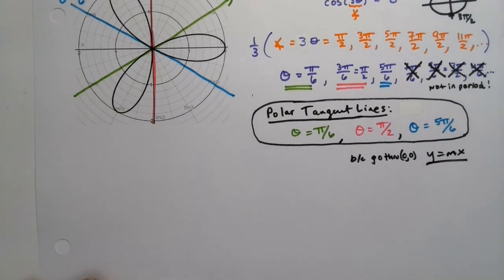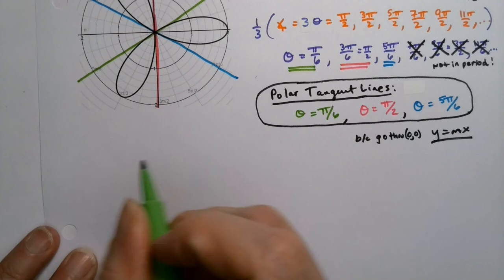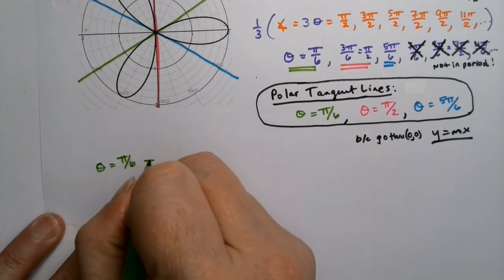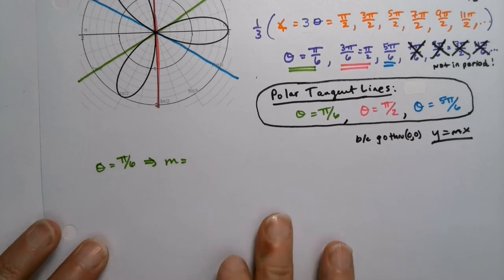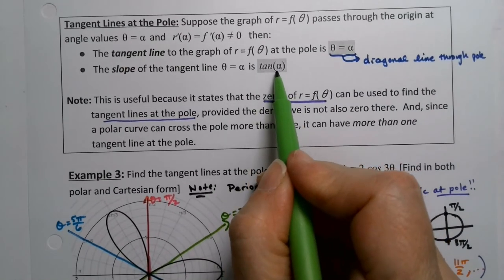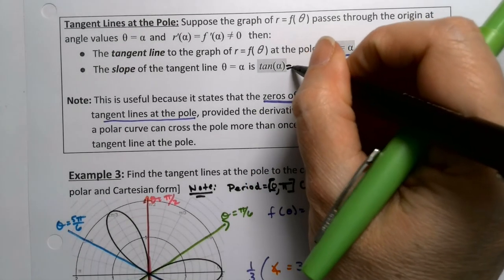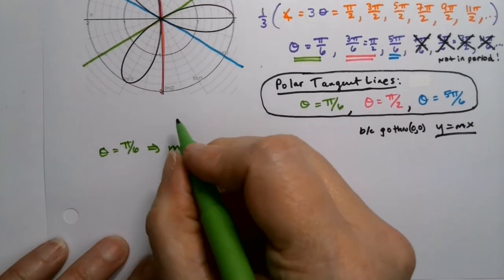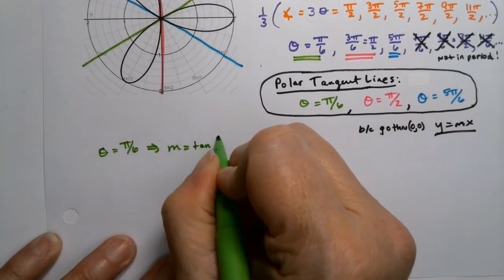So all I need to do is figure out the m, and I'm golden. All right, so let's start with theta equals pi over 6. At theta equals pi over 6, m is, now look up, there's your m, right? This is m. M is the tangent of whatever angle you've got. So m is the tangent of pi over 6.